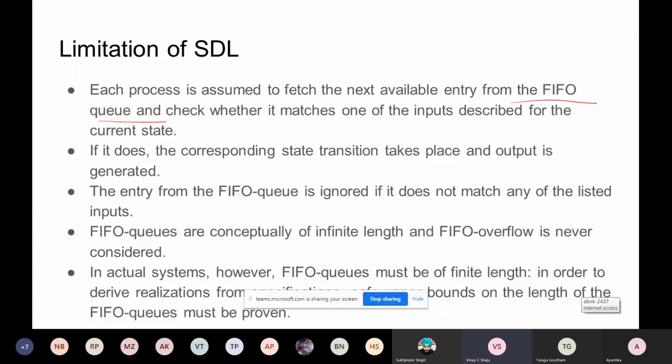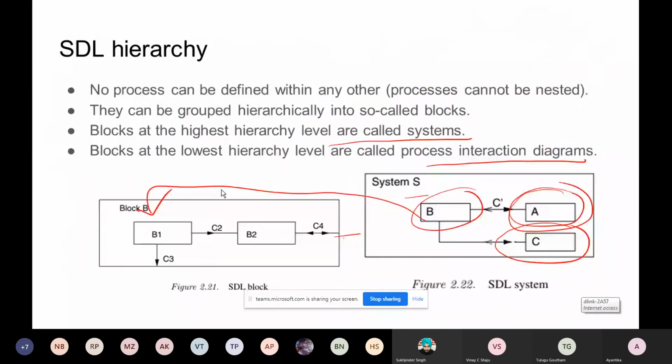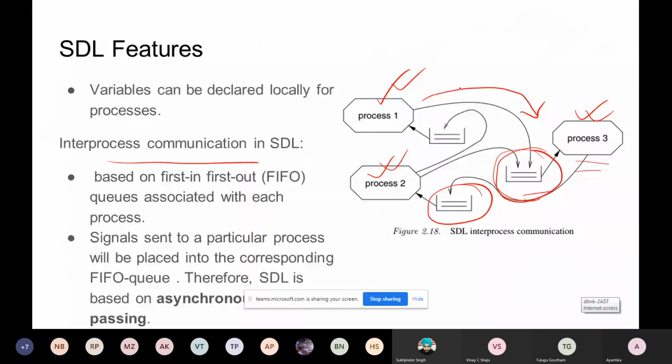Yes, ma'am. So when you are designing this scenario with your HDL strategy, the main limitation is whatever we have discussed about that FIFO queue length. It is difficult when you are modeling a dynamic system. It is difficult to anticipate how many signals there will be, because these signal interactions are taking place and any process is storing to this particular FIFO queue whatever signals are coming directly to it, and process 3 is fetching from this queue.